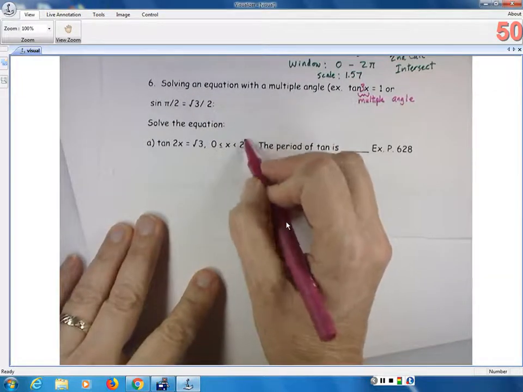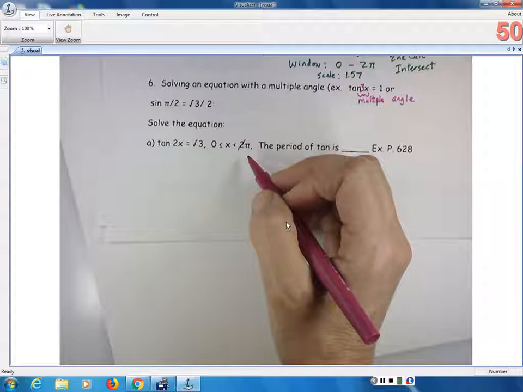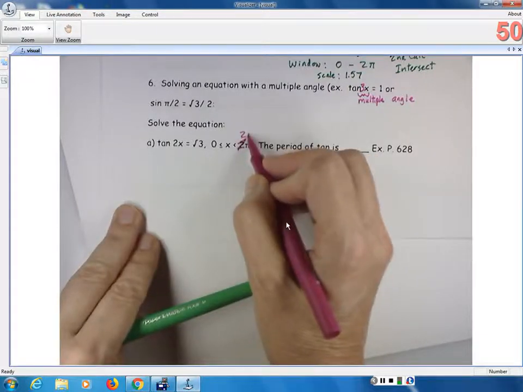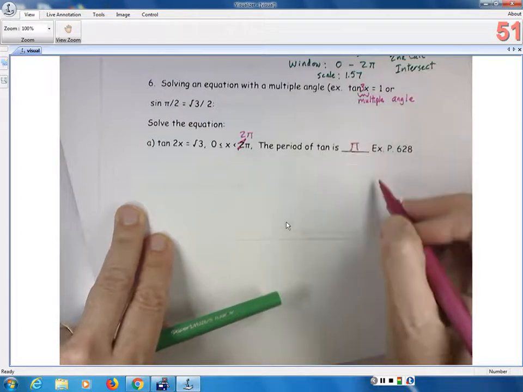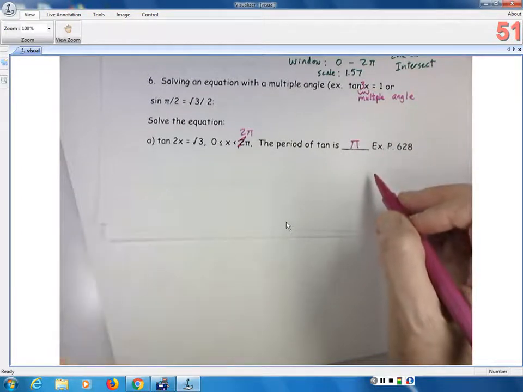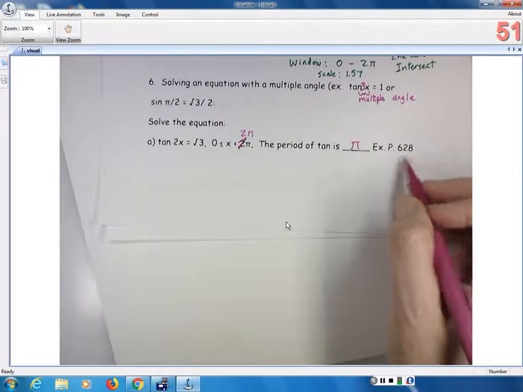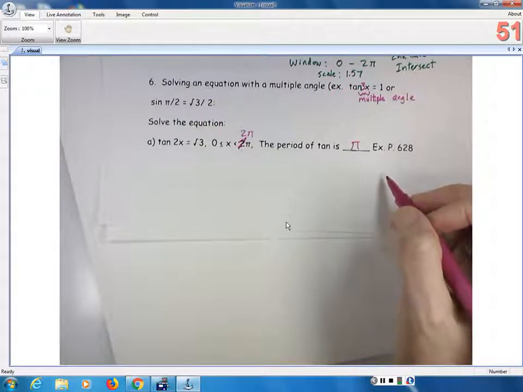We really want to go between 0 and pi. Oh, maybe it is between 0 and 2 pi. Leave it there. The period of tangent is pi, and this is an example on a page, but I don't think this is right for your book anymore. But you can find it.